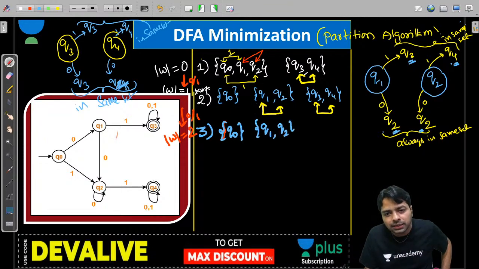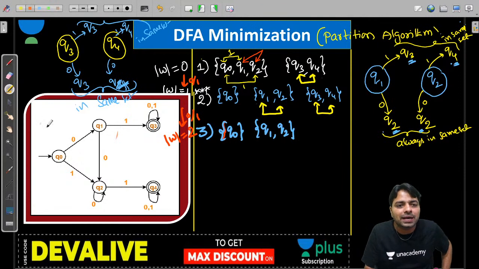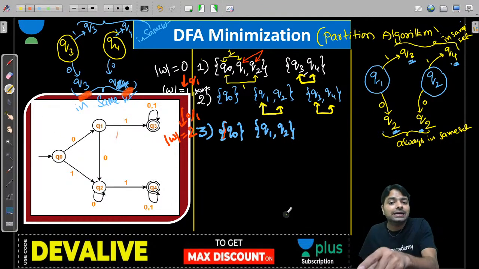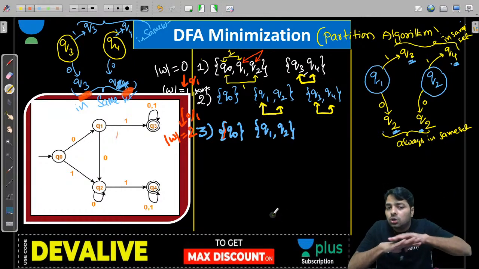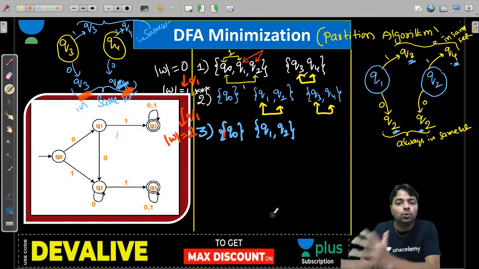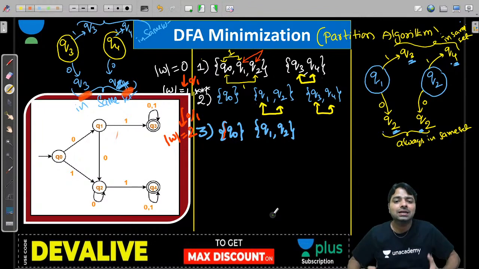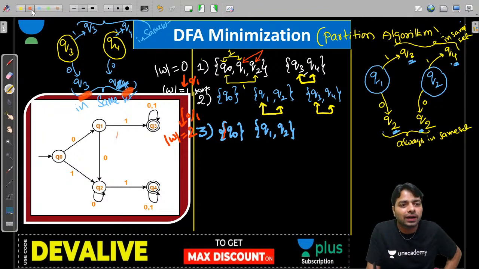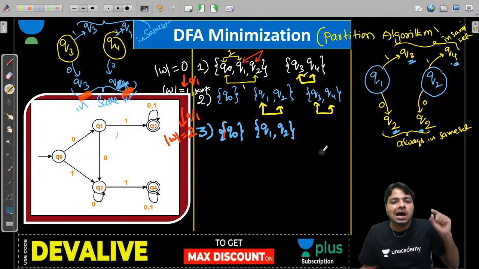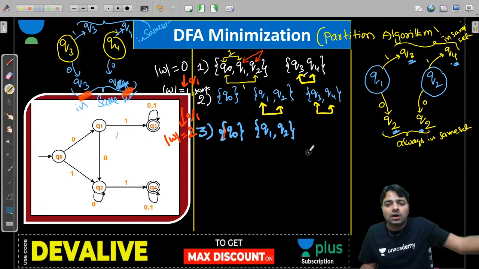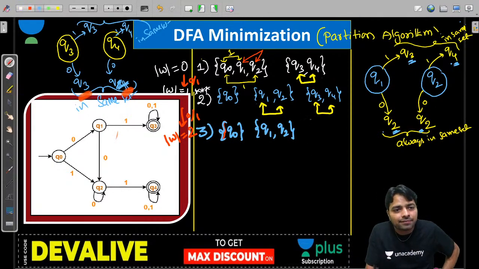And Q3, Q4, compare, guys. Q3, Q4 are in the same set of step 2. Don't look at step 1 now. Look at step 2. That is the recent calculation. Alright. Now tell me, on 0 same set, on 1 same set. So we will have Q3, Q4 together.